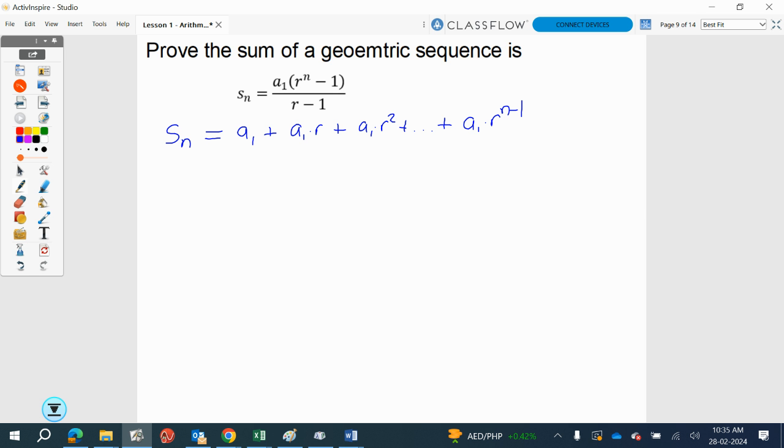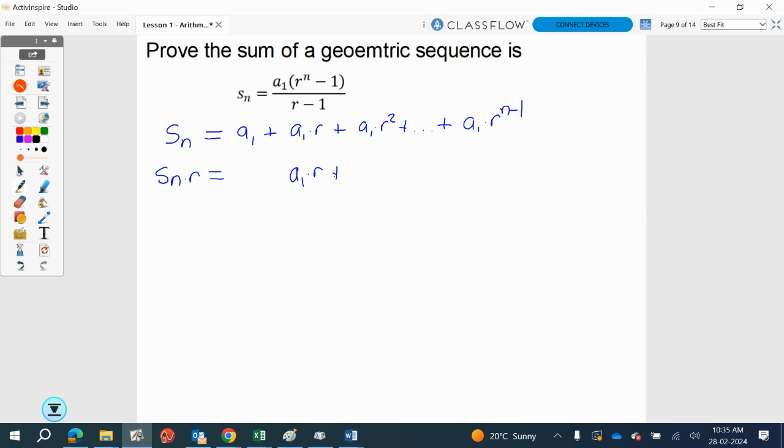I'm going to take this equation and multiply it by R. I will get Sn times R. On this side, that first term will become A1 times R. What about the second term?